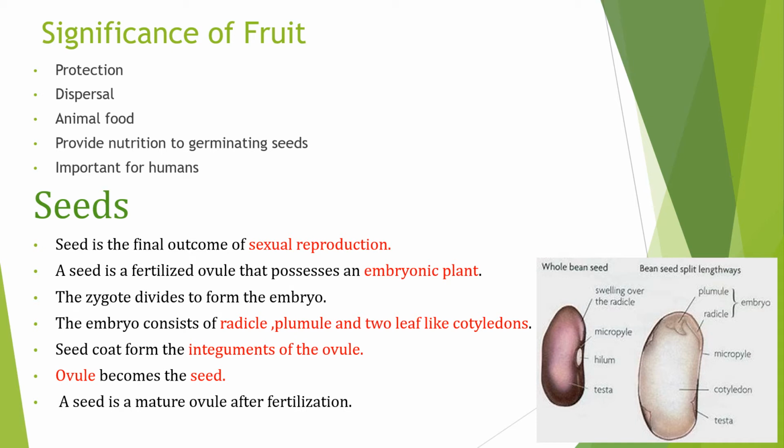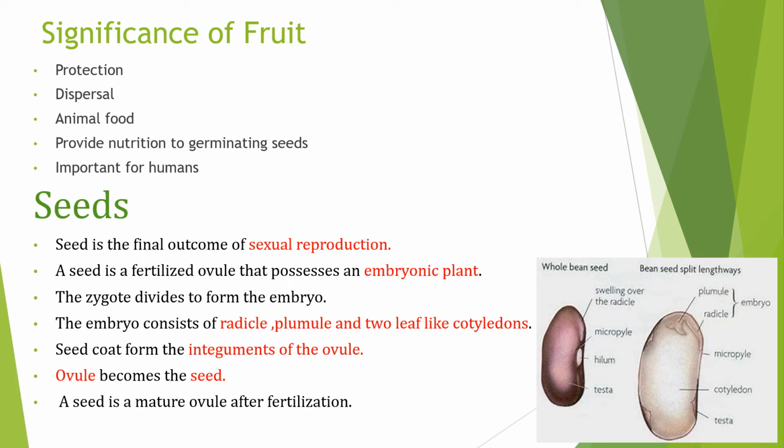Next we go to seeds. Plants begin its life with seeds. Seed is the final outcome of the sexual reproduction. A seed is an embryonic plant enclosed in a protective outer covering. The formation of seed is a part of process of reproduction in seed plants.